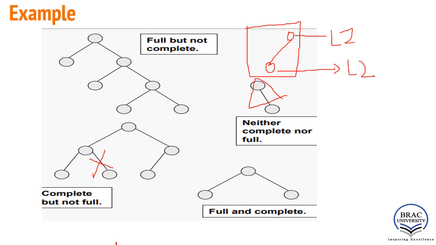Level 1 is full because in level 1 only one node is possible, and for level 2 there's one node which is from the left. So this one is complete. The last example is for this tree, and this tree is both full and complete.